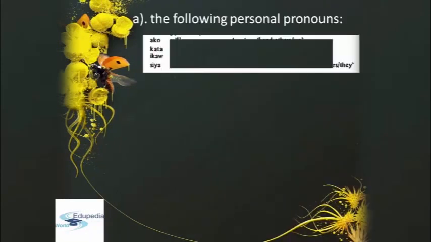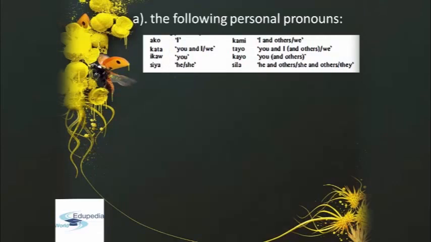The following are the personal pronouns: ako, which is I; kita, which is you and I; ikaw, you; siya, he or she. This personal pronoun can be used whether the one you're talking about is a girl or boy.